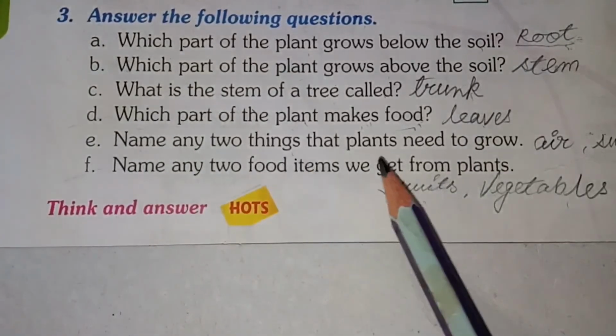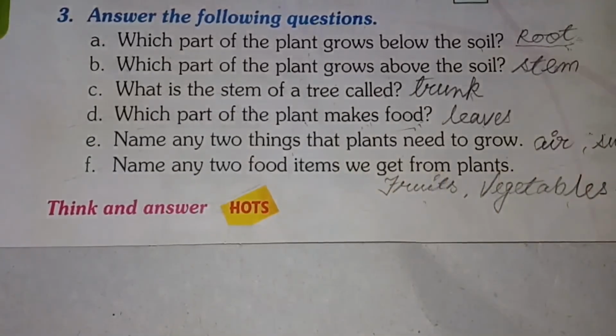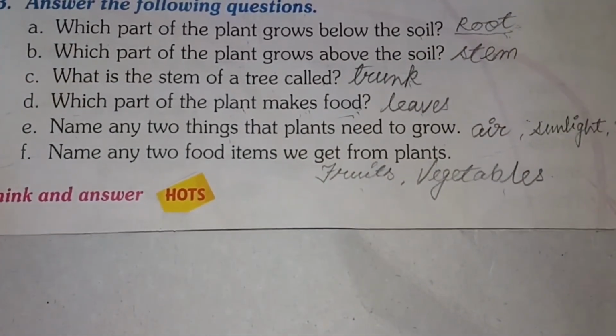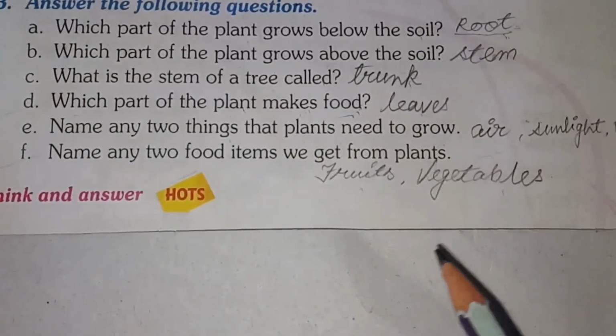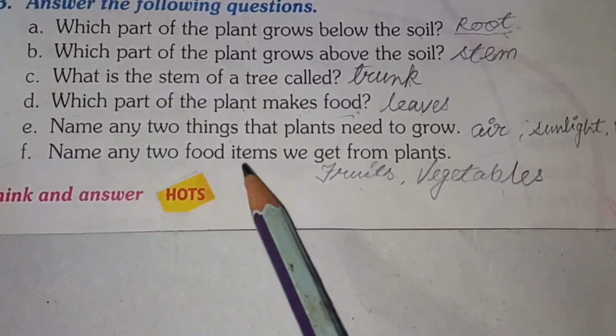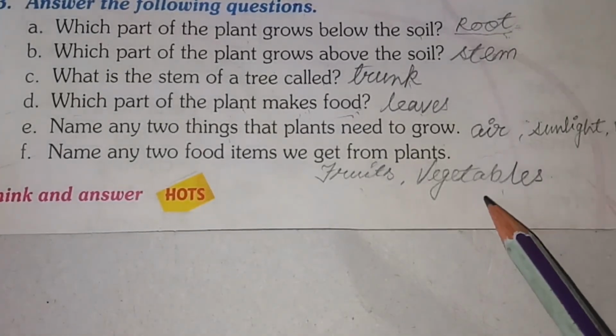Name any 2 things that plants need to grow. Air, sunlight, water. So, you can write any 2 here. Air and sunlight. Name any 2 food items we get from plants. Yes, fruits and vegetables.